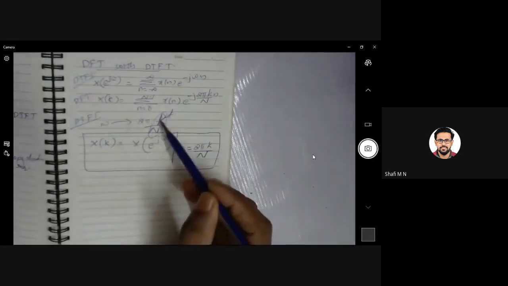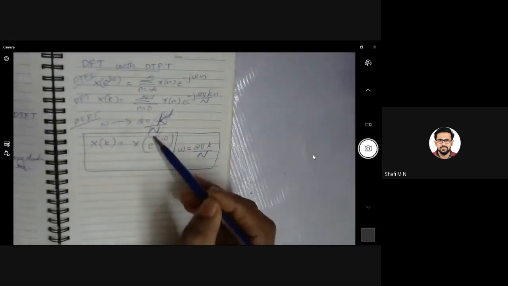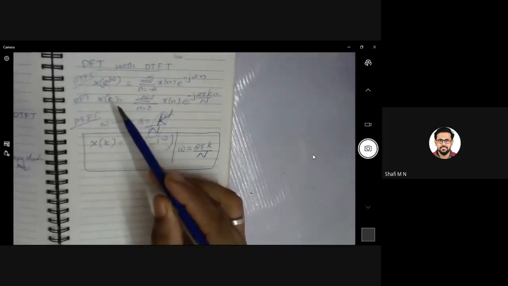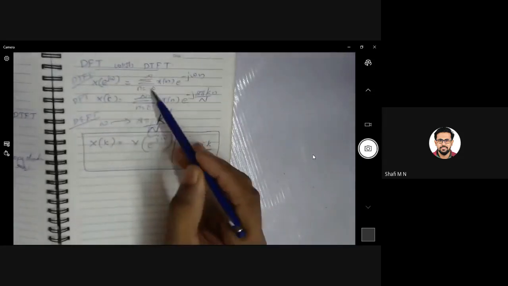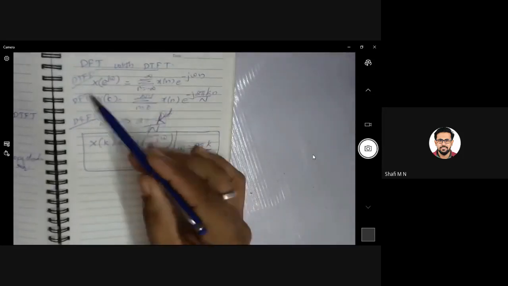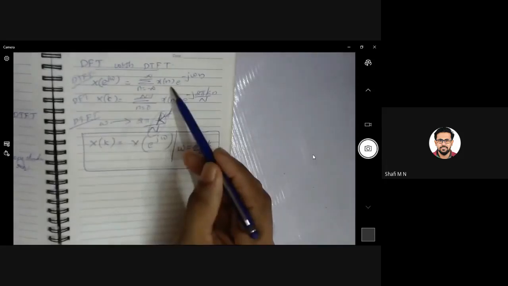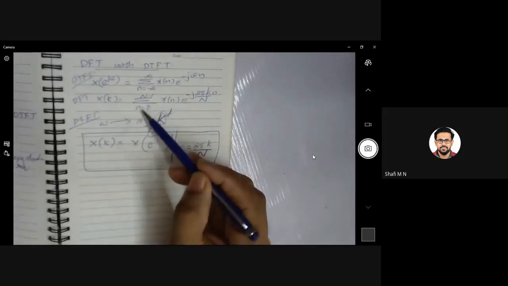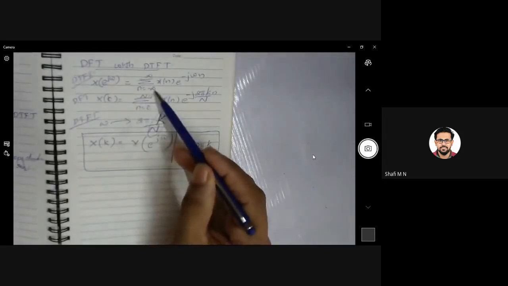Here you are doing sampling in the frequency domain. That will make the signal periodic. If we go from minus infinity to infinity, the signal may be somewhere in a defined span, say of length 10, starting at point 0. But from minus infinity to infinity, what will happen?